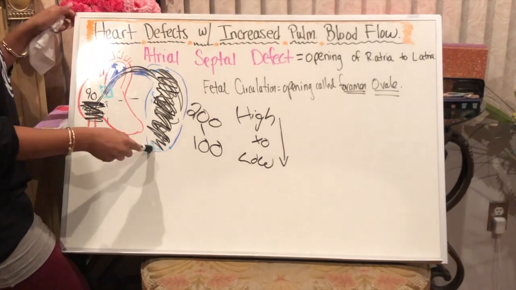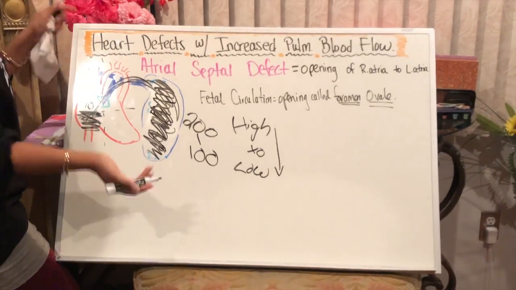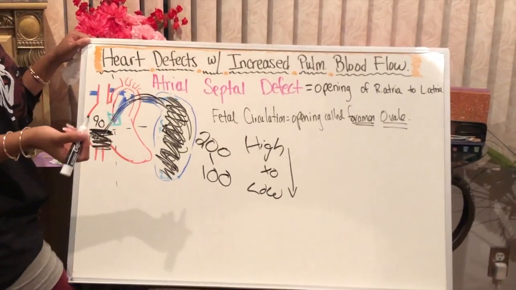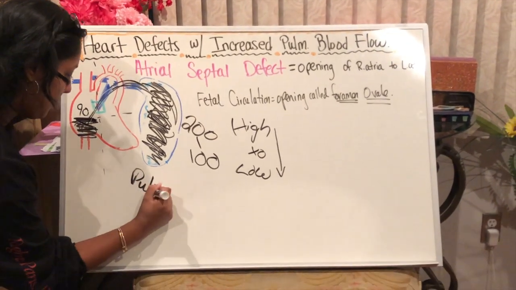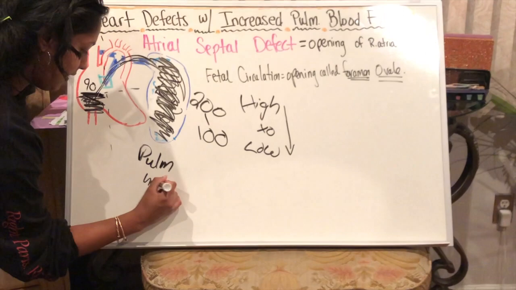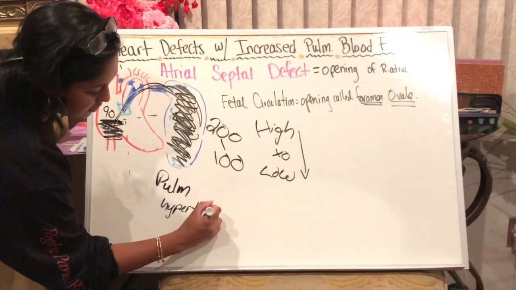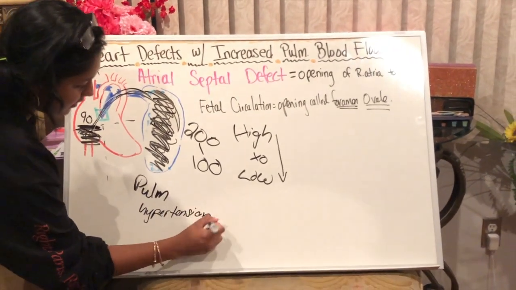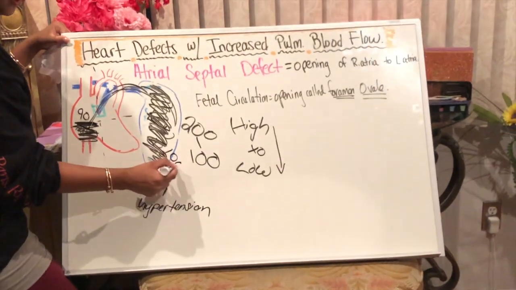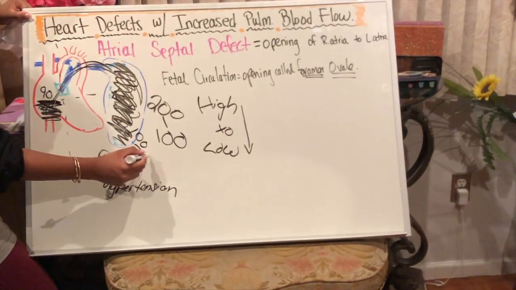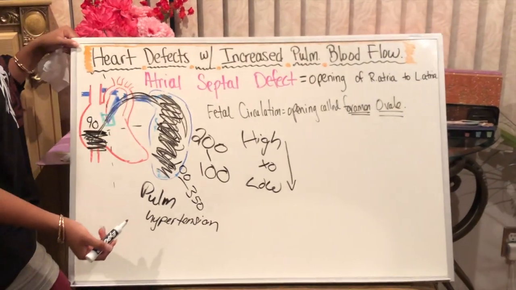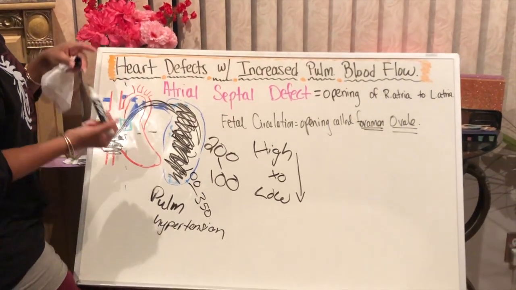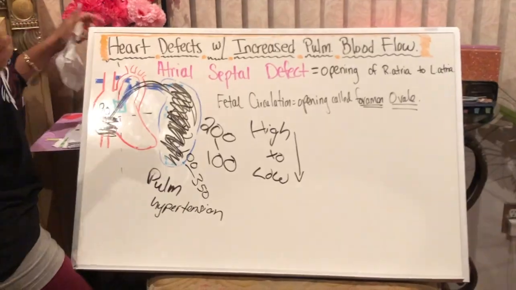This is going to cause pressure to skyrocket, which is going to cause pulmonary hypertension. I'm just going to write it messy. I'm so sorry. So instead of the pressure being 100 here, it's going to skyrocket to 350, causing pulmonary hypertension. And that is not good.